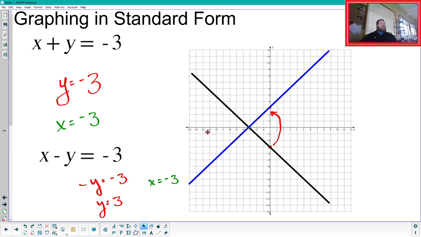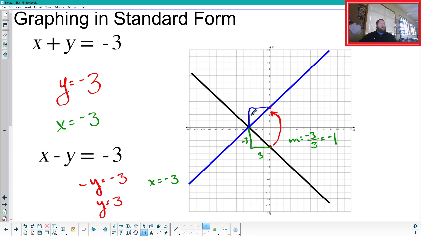If we look at the first one that we graphed in black, it went from here to here, so kind of like down 3 and over 3, which as a slope means negative 3 over 3, which is the same as negative 1. And if I look at my blue line, it goes from here to here.